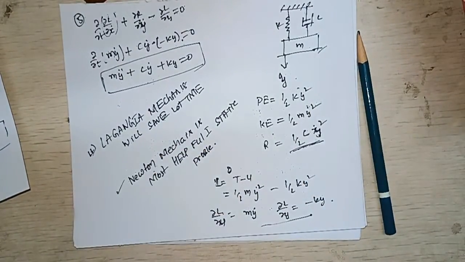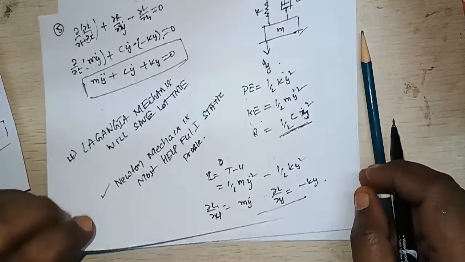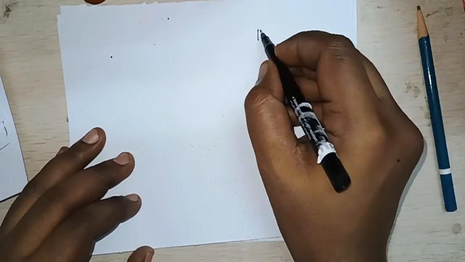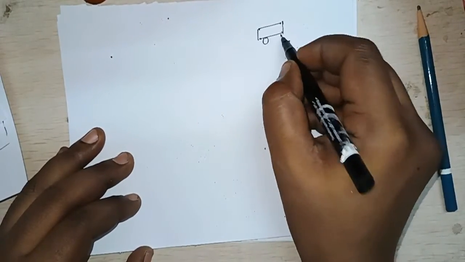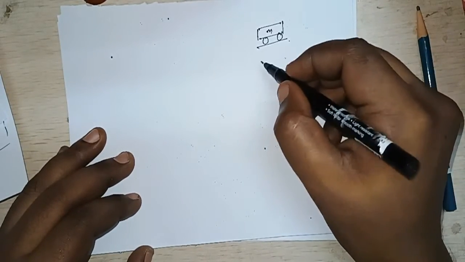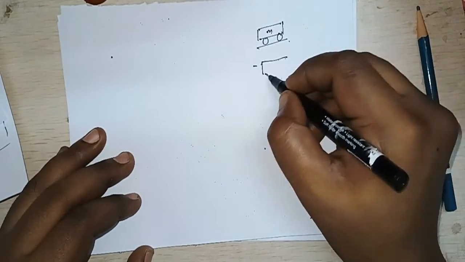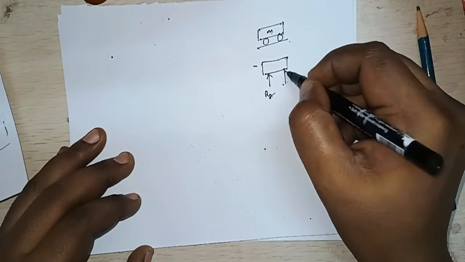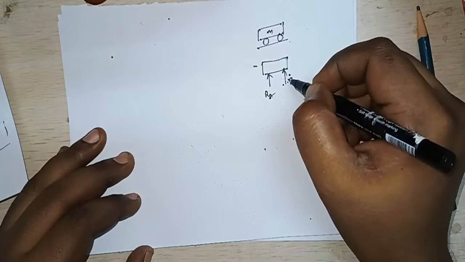The reason behind this is that if you take a simple cart problem, when you do a free body diagram for this, you get an RA and you get an RB.